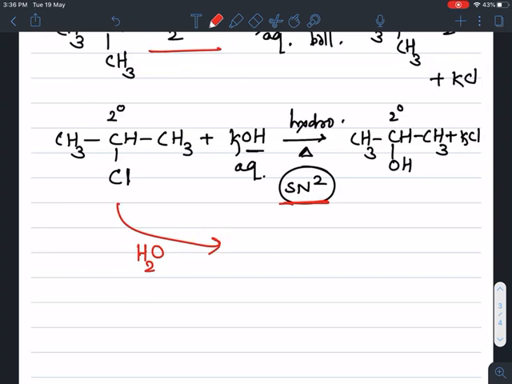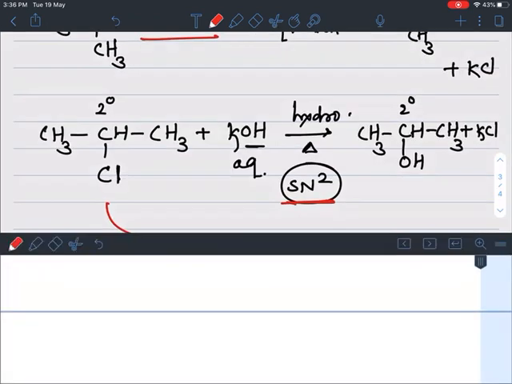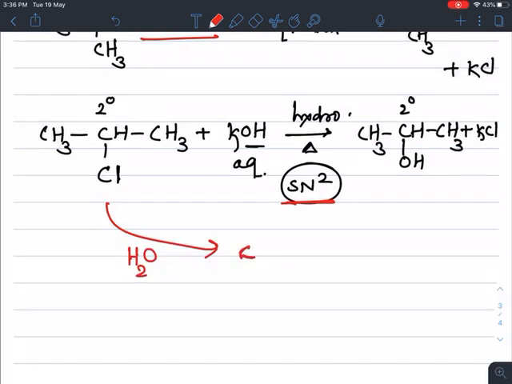Then in the first step it gives a stable carbocation, and then in the second step it gives the same product, that is secondary alcohol, but which reaction mechanism does it proceed by?